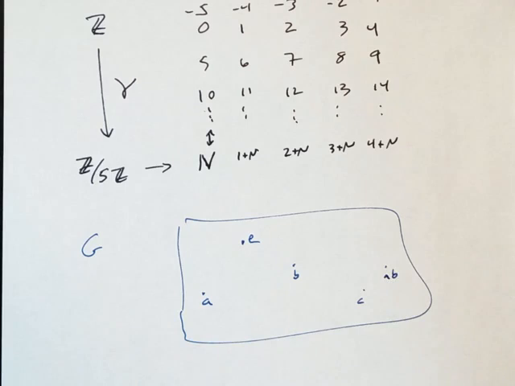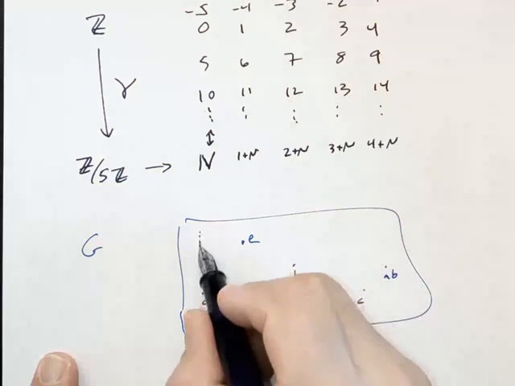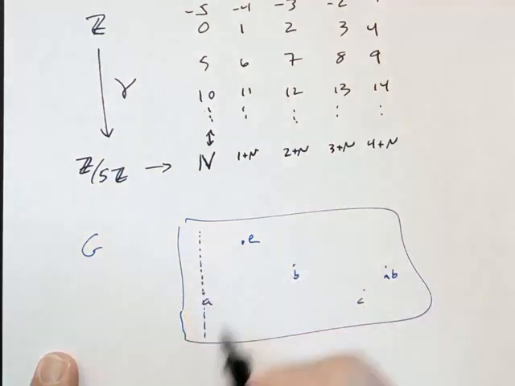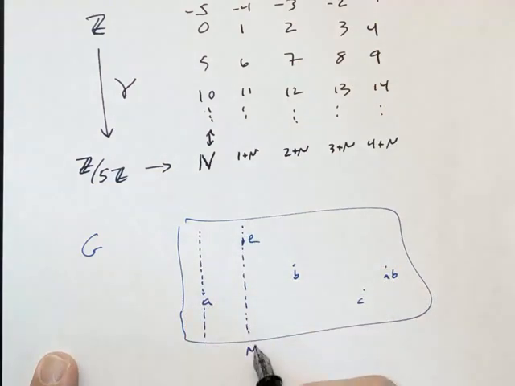Now, I can rearrange and align the elements of G by what coset they're in, vertical stripes, just like I did here. So let's suppose that here we have a normal subgroup. Why did I draw that through E?